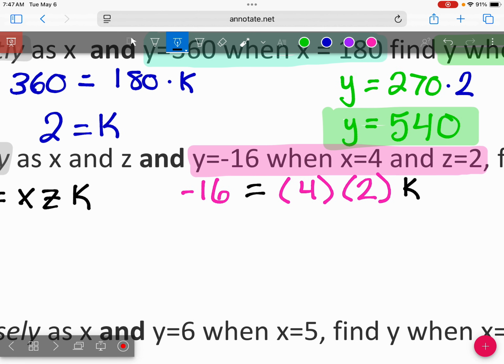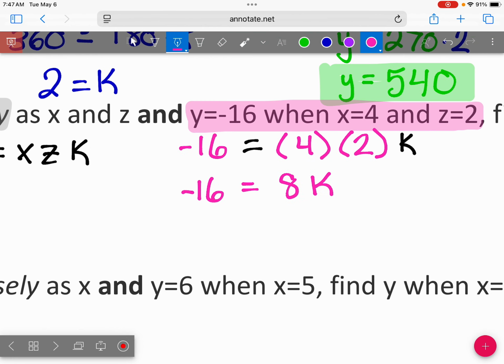So we can simplify this a little bit. We can get our negative 16 equals 4 times 2, 8 times some number k. So what is our k going to be? What is the next step for us? We should divide.